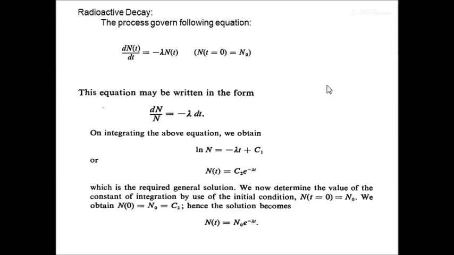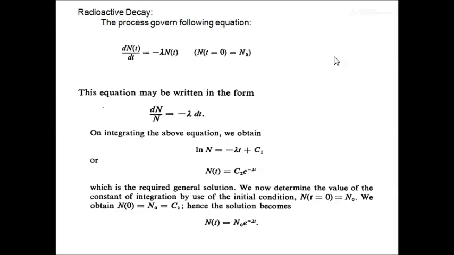Now let us consider an example of radioactive decay. You have already heard that if you keep any radioactive material, it is automatically decaying. Let us consider uranium. It is decaying.